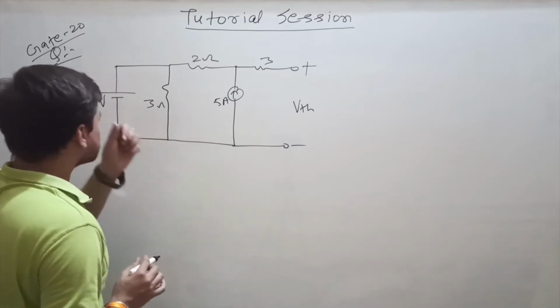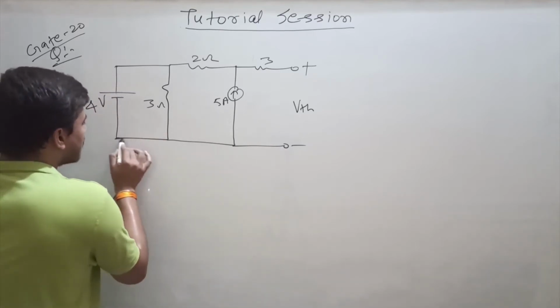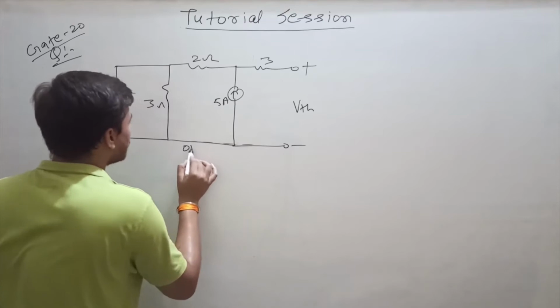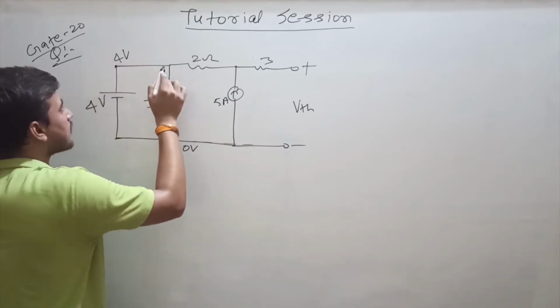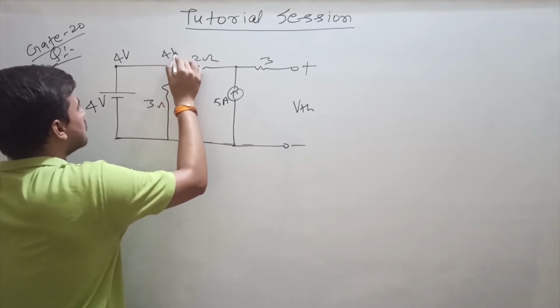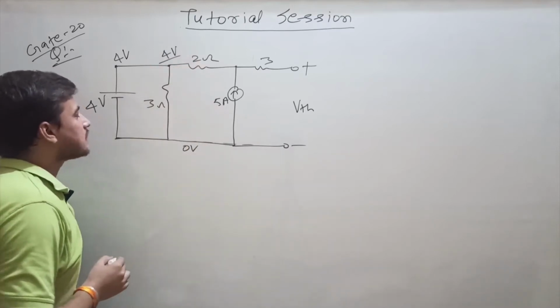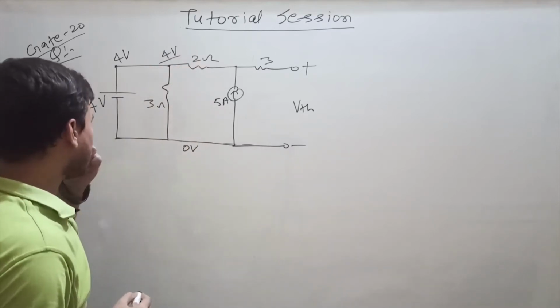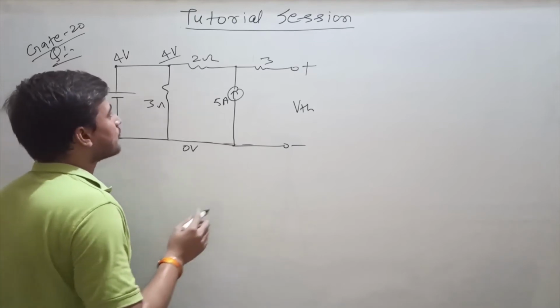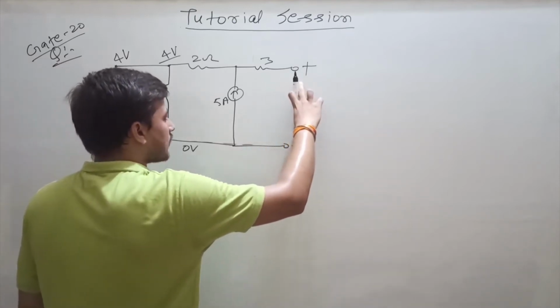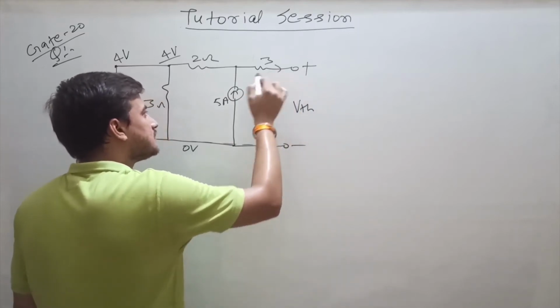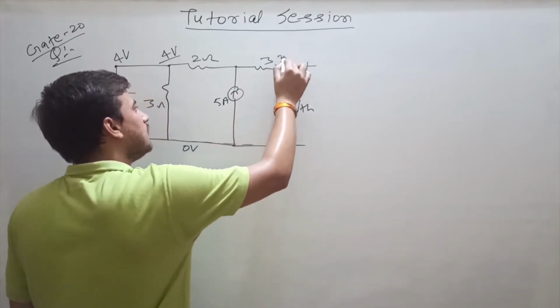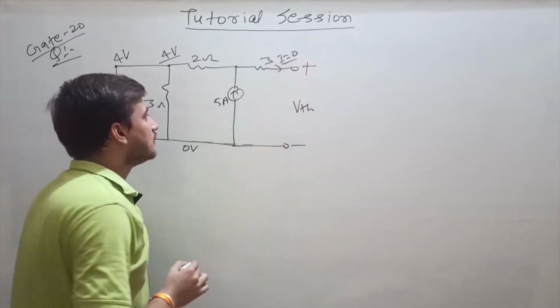See here. This is the ground terminal, potential is 0 volt. At this point potential is 4 volt. It is connected across the resistor. Clear? Now you see here, the potential of this point is VTH, and since it is open circuited, the current will be 0.